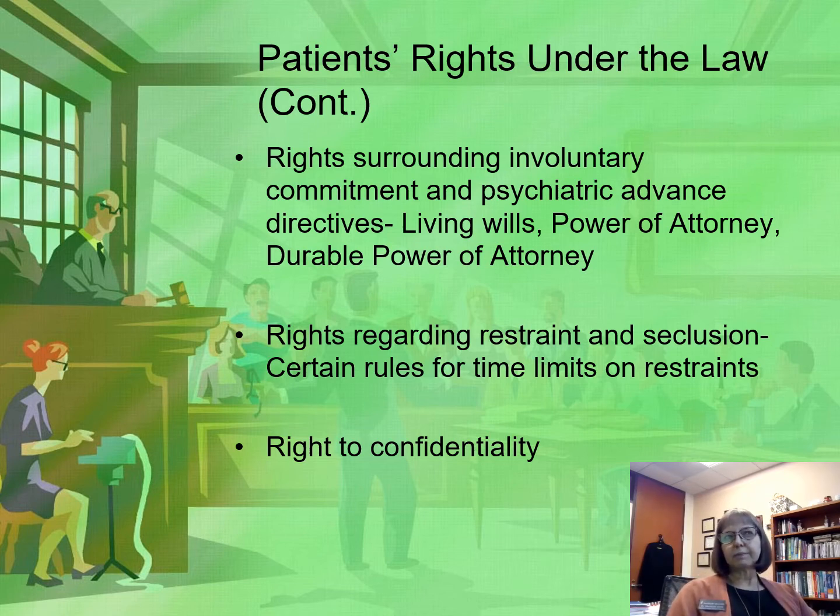And those rules and regulations are even stricter when it comes to children and adolescents because they're checked more frequently. I can't stress enough the importance of documenting each and every time that you check on a person with restraints, to be in compliance with those policies and procedures.